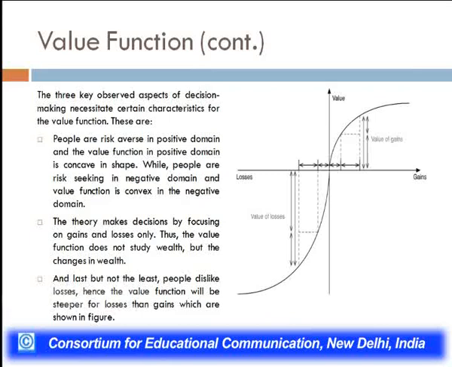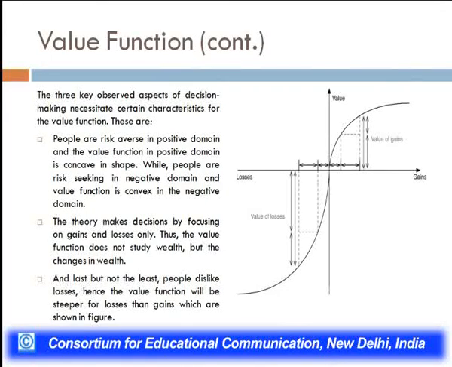So, in this value function, we came out with 3 observations which explain the characteristics of this value function, that people are risk averse in the positive domain, and the value function in the positive domain is concave in shape, while people are risk seeking in the negative domain, and value function is convex in the negative domain.